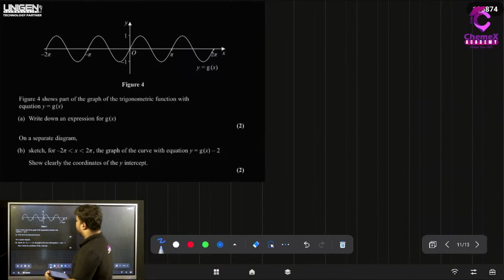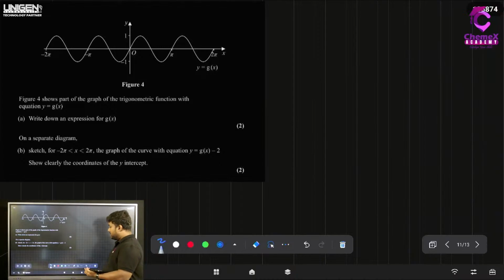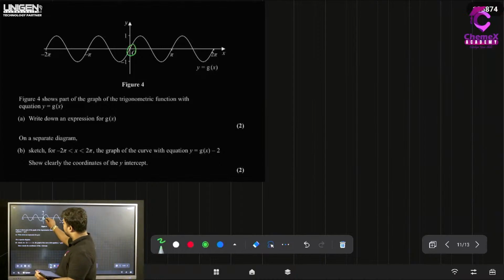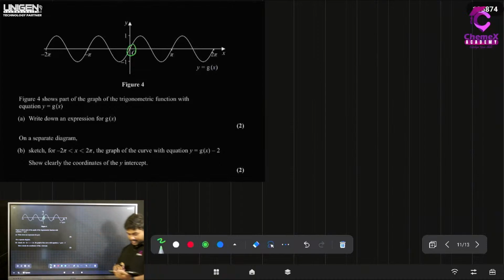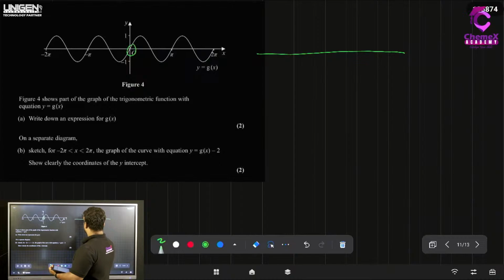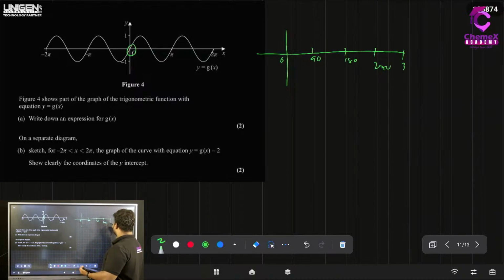Figure 4 shows part of a graph of a trigonometric function. Write down the expression for g(x). Can you see that g(x) cuts through 0? So it should be a sine graph. In the sine graph you know 0, 90, 180, 270, 360, it goes actually like this, right?